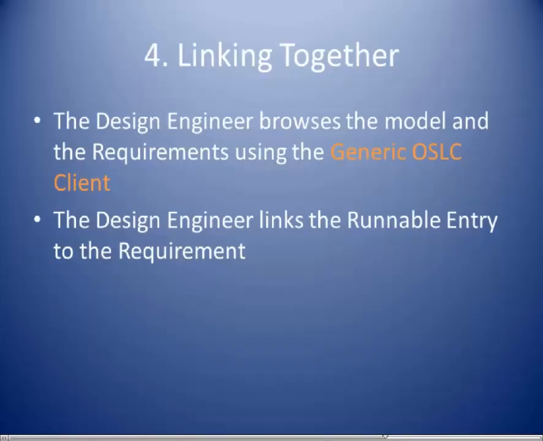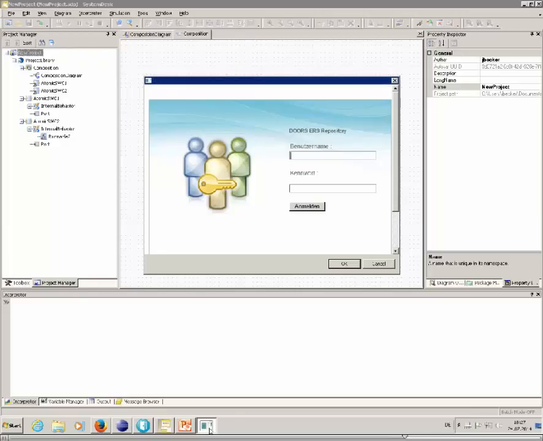Now we come to the last step. The design engineer browses the model and the requirements using the generic OSLC client. The design engineer links the runnable entry to the requirement. To access requirements via OSLC, we have to authenticate to DOORS first.